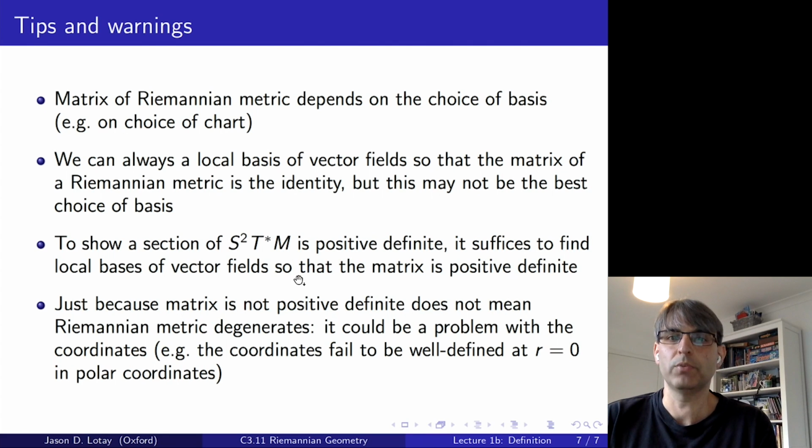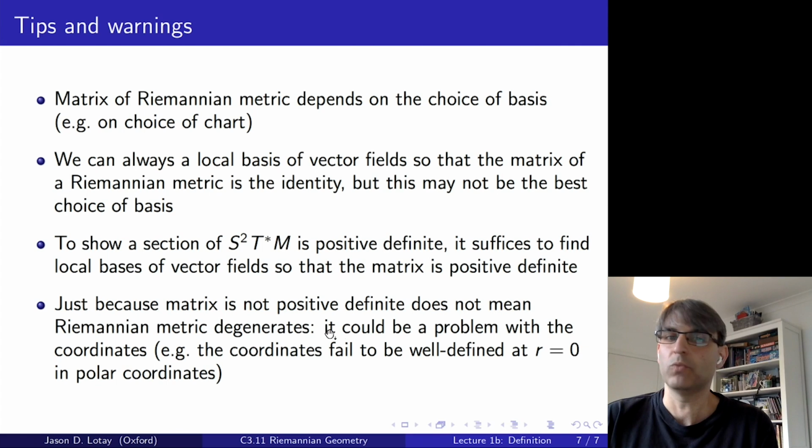However, there's an important thing to notice. Just because you can find a matrix which is not positive definite, that doesn't mean that the Riemannian metric necessarily degenerates. It's enough to find a positive definite matrix to prove it's positive definite. But just because you found a matrix which isn't positive definite doesn't mean that this thing is not a Riemannian metric.